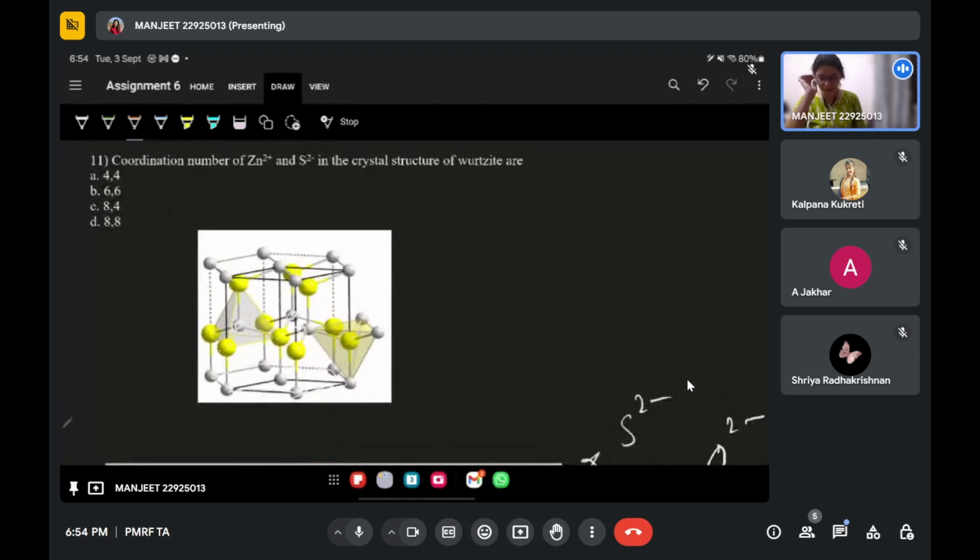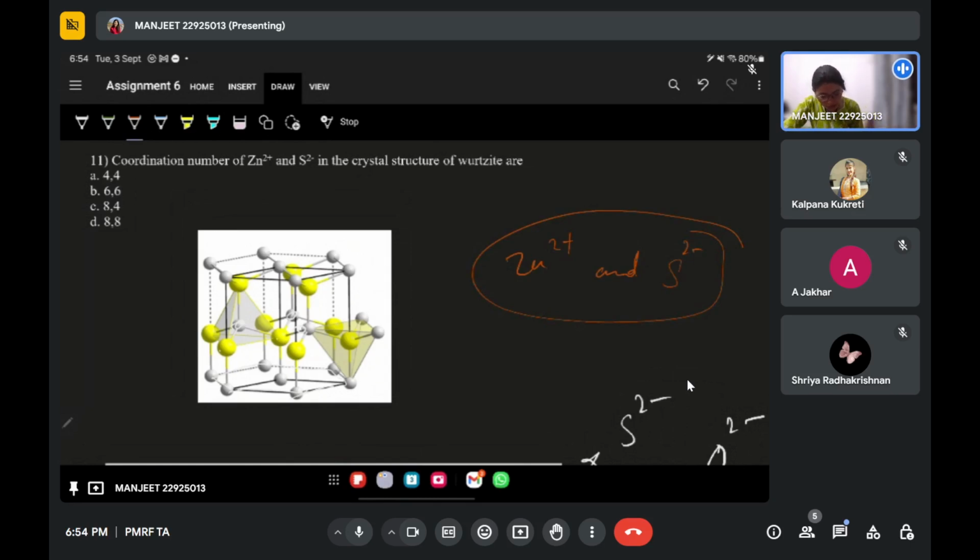If you look at this structure, you have to find out the coordination of the Zn2 positive and the S2 negative. So what will be the coordination? Coordination number is the number of the nearest neighbors. If it is asked about the Zn2 positive, how many nearest neighbors does it have?